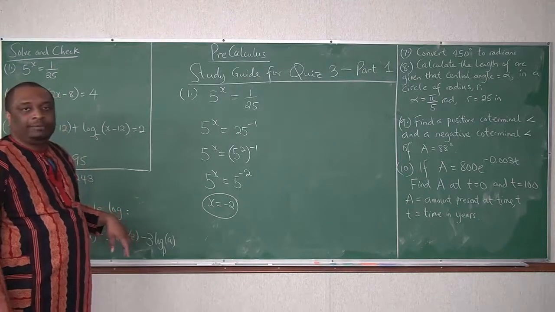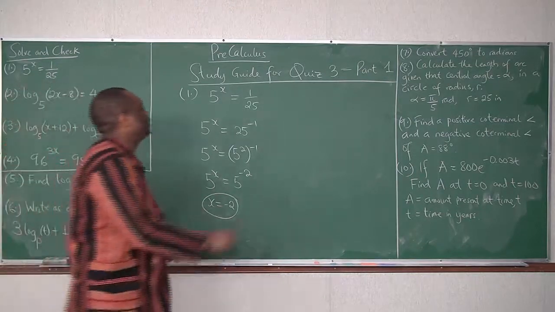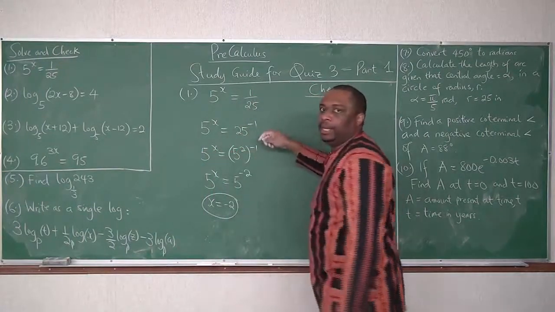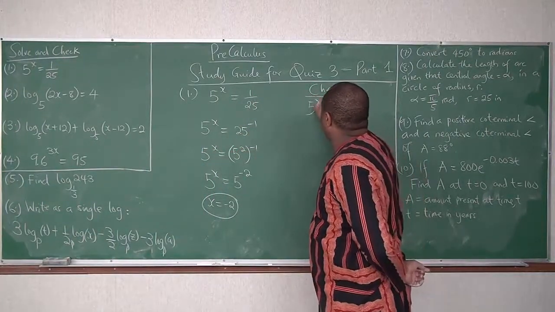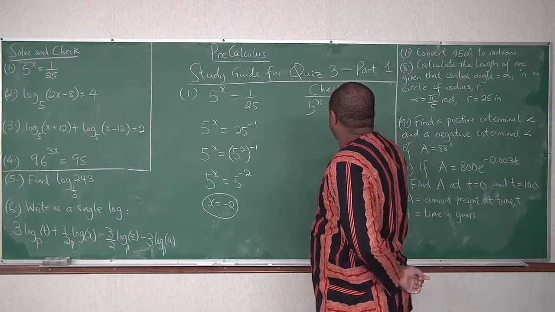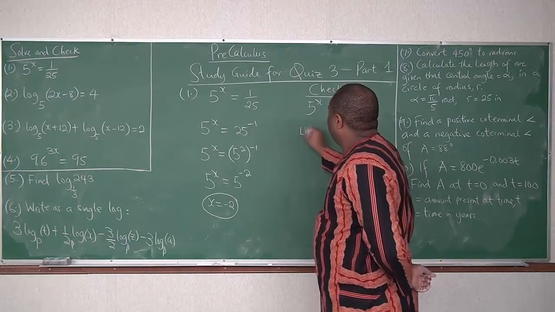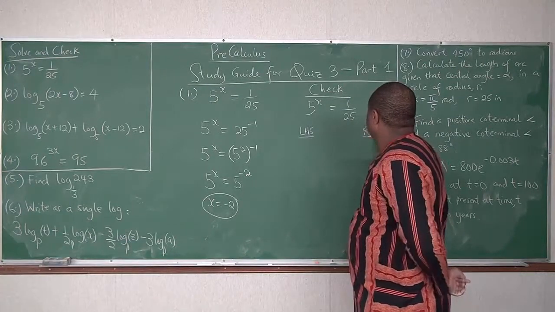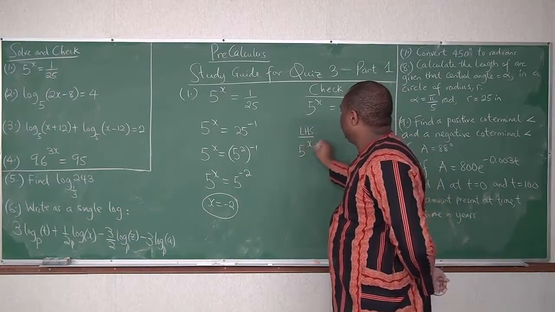Do you stop here? No. You've got to do what? Check. So when we check our work, we write the main problem first. 5 raised to power x is 1 over 25. This is our left hand side, and this is our right hand side. Left hand side, you have 5 raised to power x.